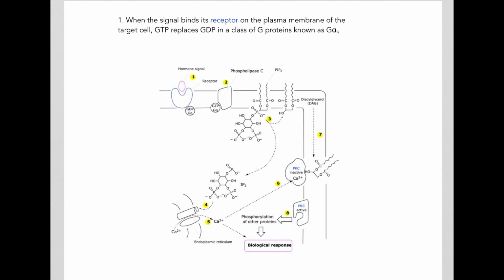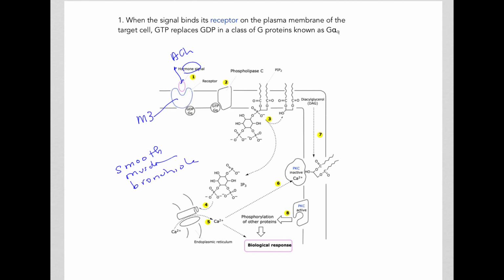So here we have the signal, and let's say this signal was acetylcholine, and this is a receptor. This would be your M3 receptor, and let's say this cell was a smooth muscle cell of the bronchiole.